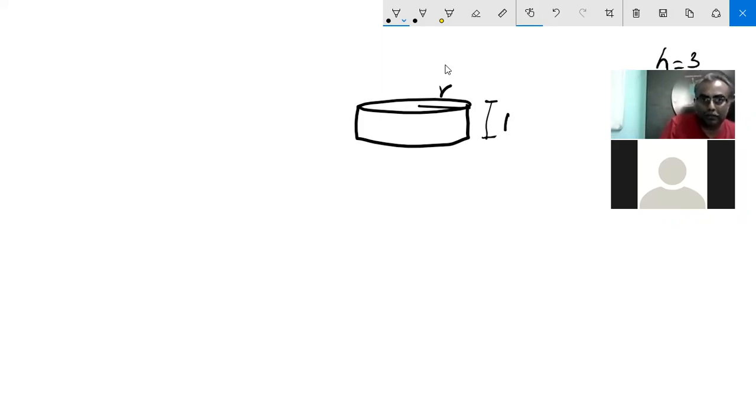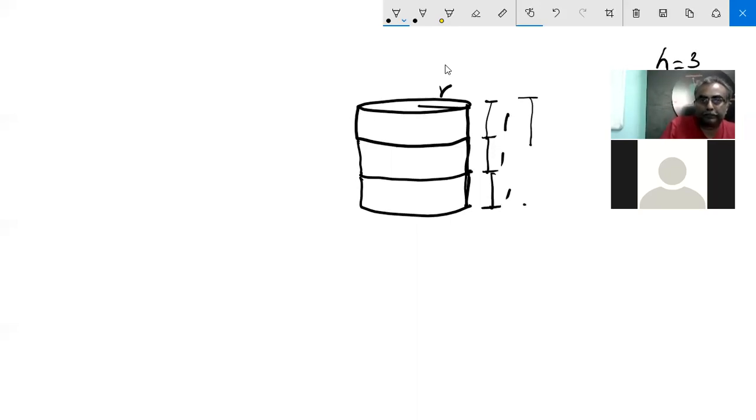Now I stack all the coins upon each other. Second coin also I stack, third coin also I stack. Three coins now I have stacked. Each is 1 centimeter. So how much is the total height? 3 centimeters. That is equal to H.